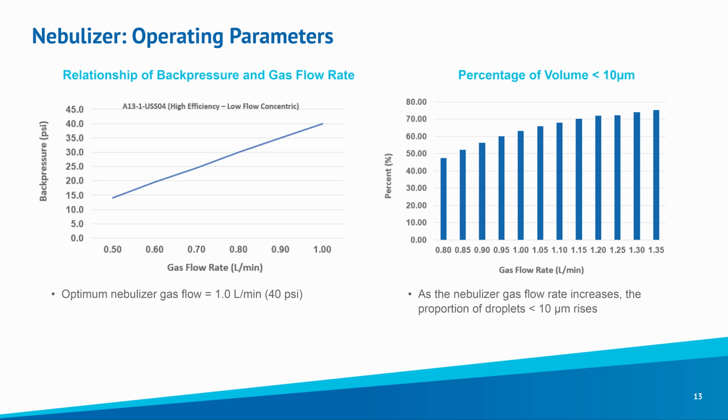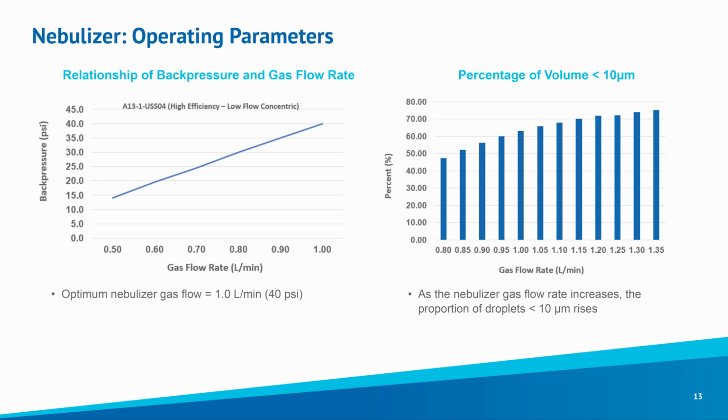Here we can see the impacts of back pressure and gas flow rates on nebulizer and ICP performance. Optimal back pressure helps create a fine, stable aerosol, improving both sensitivity and precision by ensuring a consistent sample delivery into the plasma. While higher back pressure produces smaller droplets and better results, too much can lead to faster wear of components.